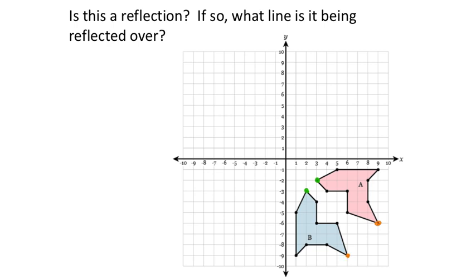Okay? So between the green points, we would have this line. And between the orange ones, we'd have this line. So let's see.